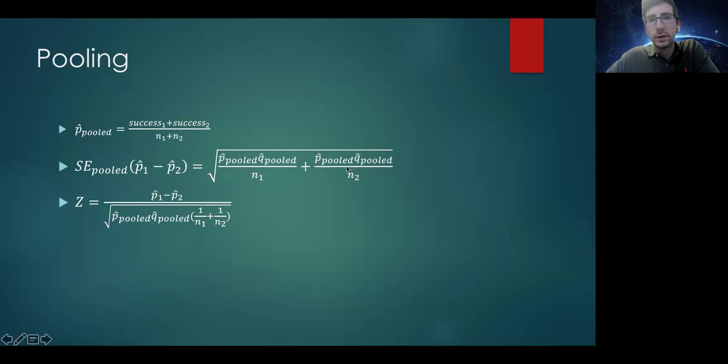Then we add the same thing, the pooled times 1 minus pooled, over our sample size n2. And then we take the square root. So our z test statistic is going to look like this. It can be simplified. If you don't want to calculate the p hat pooled times q hat pooled twice, you can calculate it once and multiply it by 1 over n1 plus 1 over n2, but whichever way makes more sense to you.